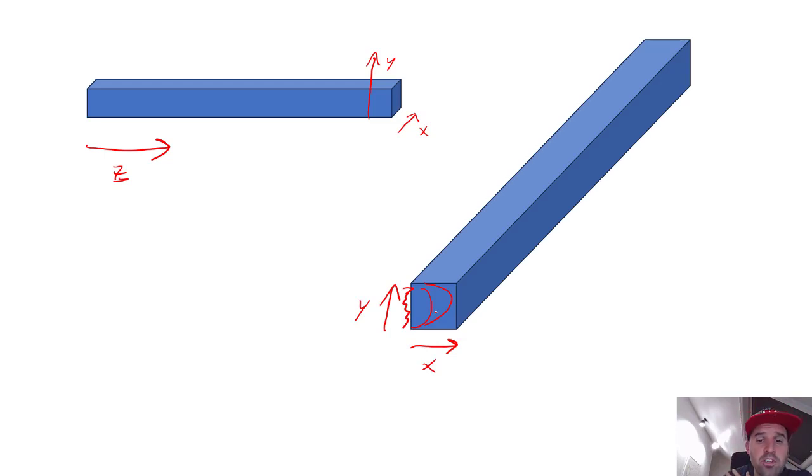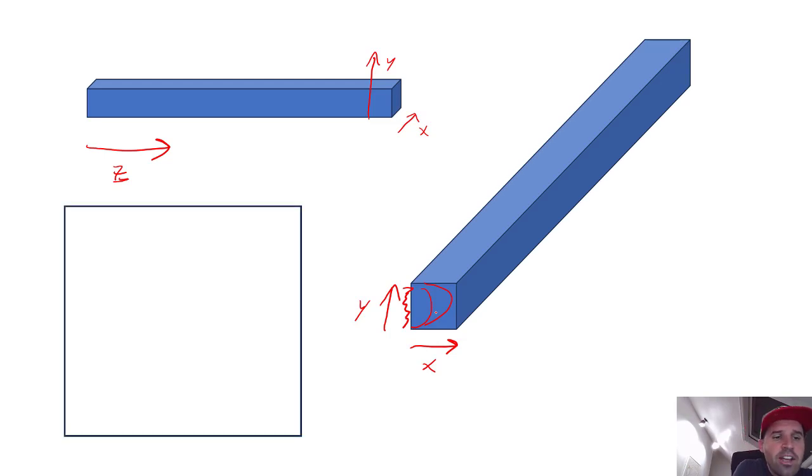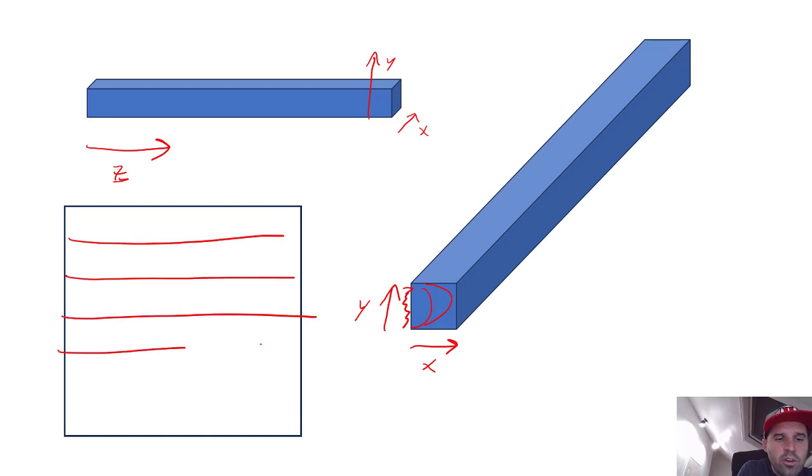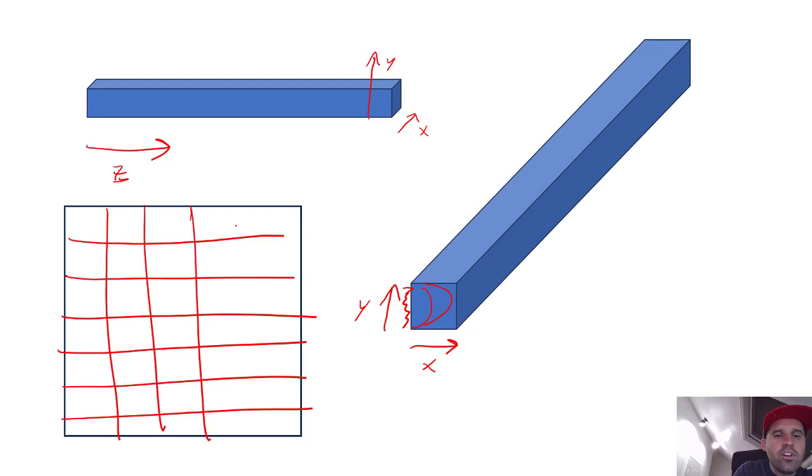So an approach to doing this would be to take this cross-section and divide it up into a bunch of different control volumes or nodes like this. And then what you could do is take an individual control volume like this guy and do an energy balance on it.